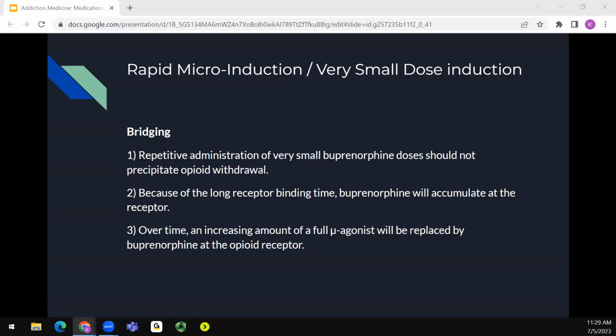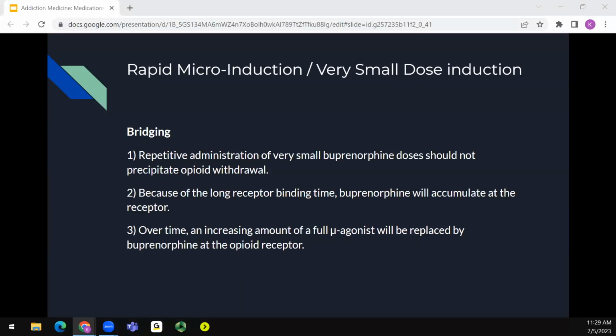As the lower binding affinity opioid occupying the mu receptors is slowly displaced or metabolized, up titration of the newly introduced bup will steadily bind to the newly free mu receptors. So this slow titration helps create a smooth transition from full agonist to partial agonist activity, eliminating the potential for precipitated withdrawal.